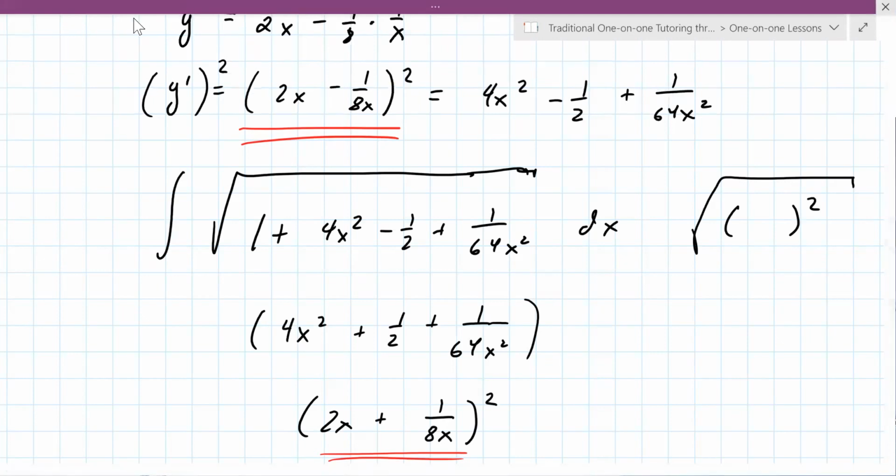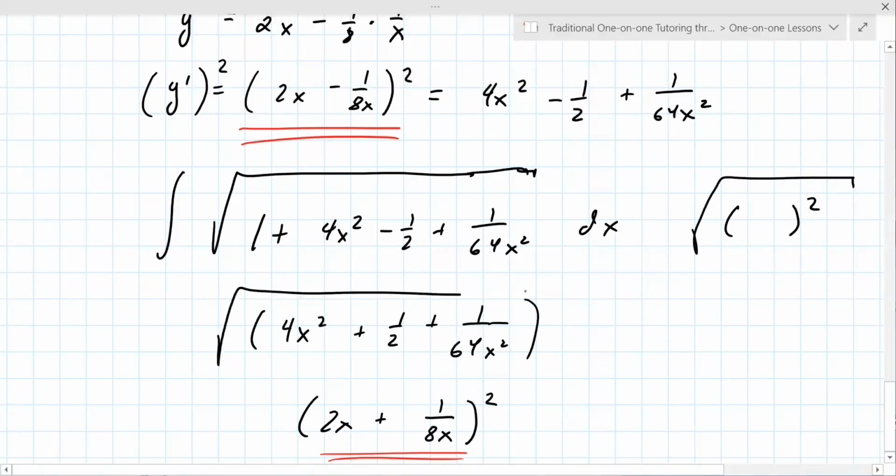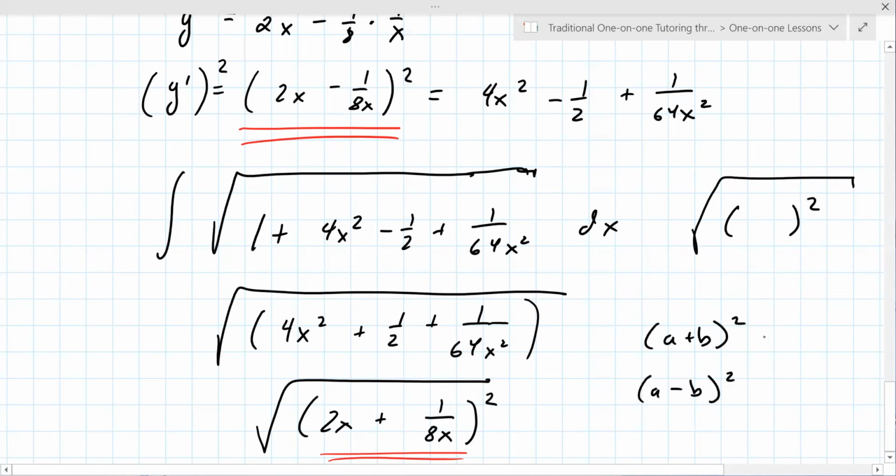So the square root cancels out the square. So we're using either a plus b squared or a minus b squared. These are the two possibles that you could see on there.